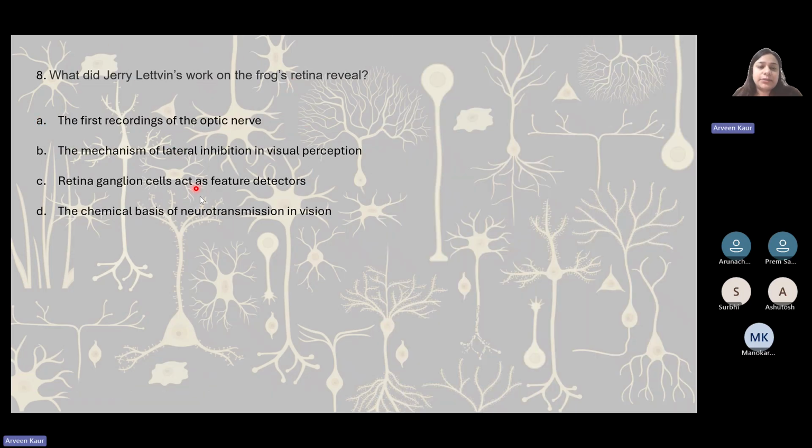Then what did Jerry Lettvin's work on frog's retina reveal? The first recordings of the optic nerve, or the mechanism of lateral inhibition in visual perception, or retinal ganglion cells act as feature detectors, or the chemical basis of neurotransmission in vision. Right. So what was the outcome of Jerry Lettvin's work on frog's retina?